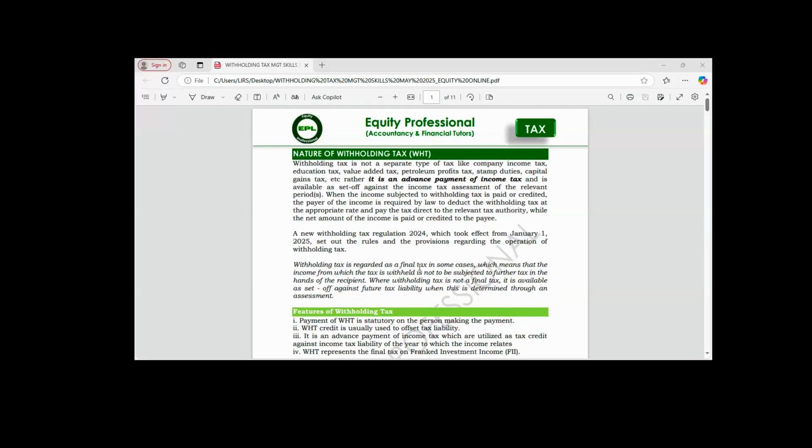Maybe you are now financially blessed, you have money. Because you have excess money, you decide to invest that money in a fixed deposit, or you leave it in the bank for the purpose of interest.